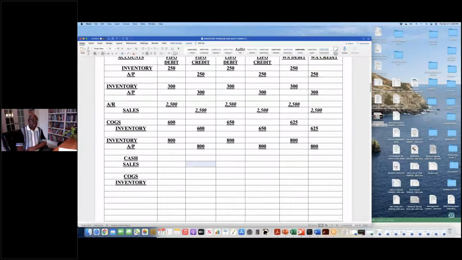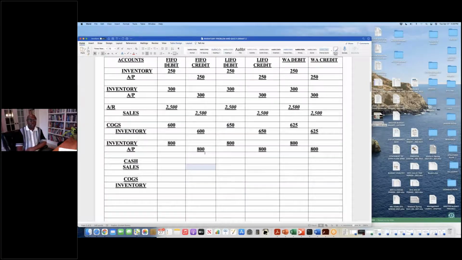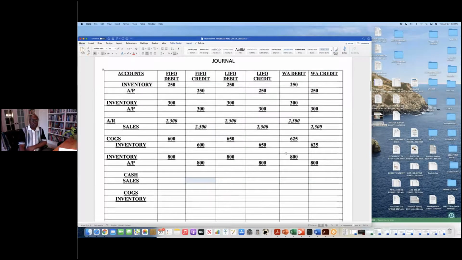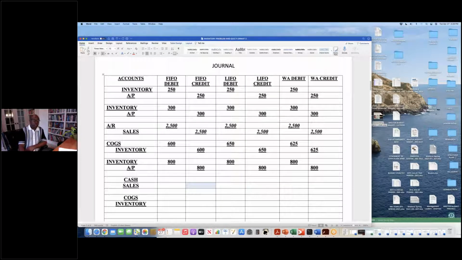Professor Boyd, why is that going all the way across? Because a company can use FIFO, they can use LIFO, or they can use weighted average. The only journal entry that is going to change is the COGS journal entry.